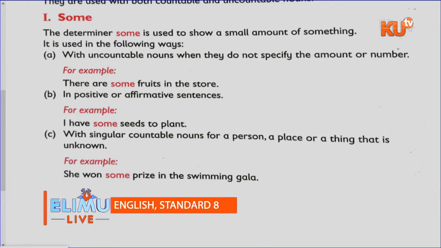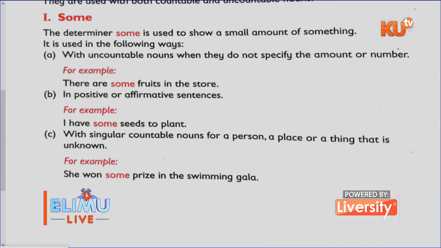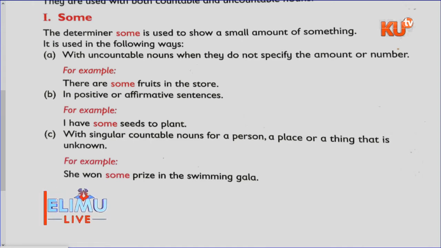Now, that's a countable noun, because we can count prizes. We don't know the specific prize that she won in the swimming gala. So that is how some is used. And I'm also going to test whether you are getting this with questions at the end of my lesson.